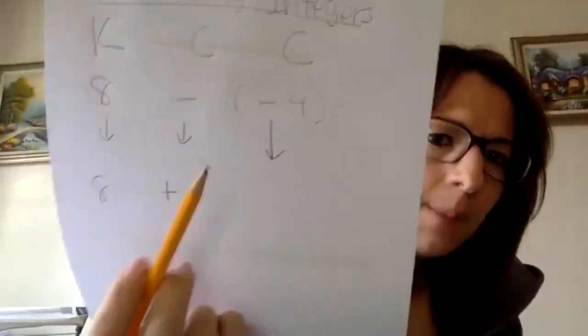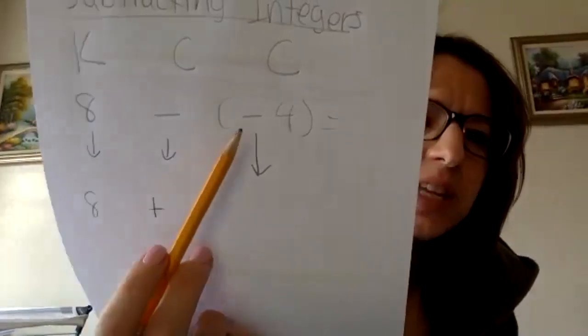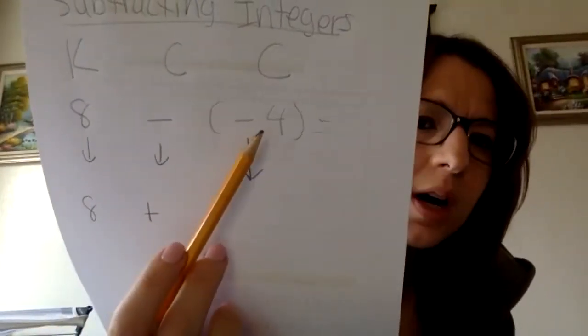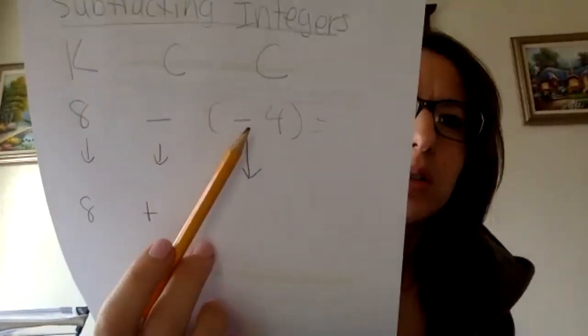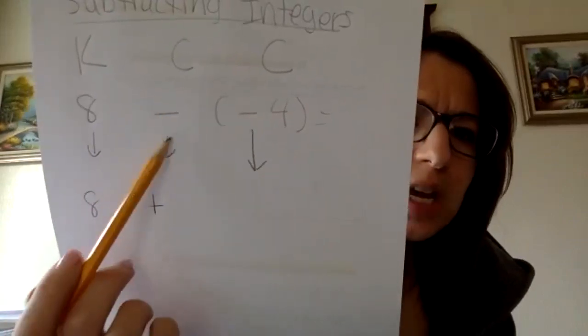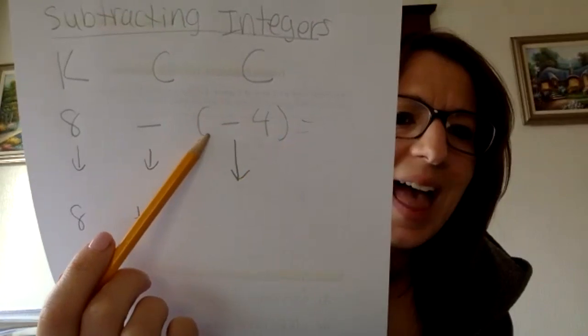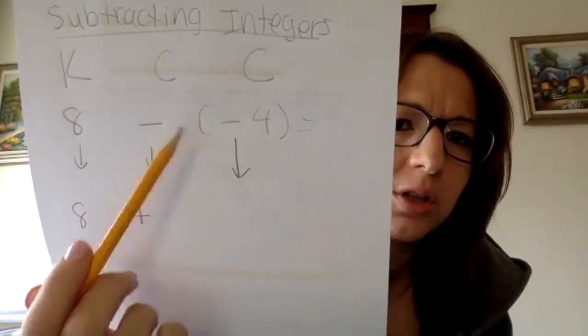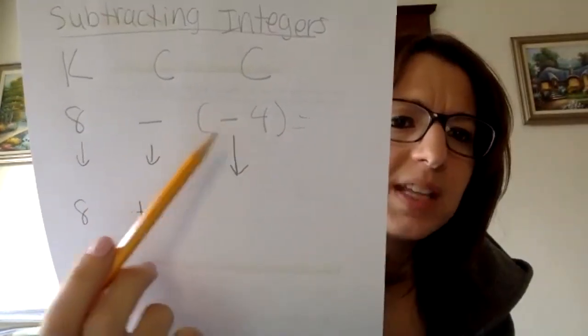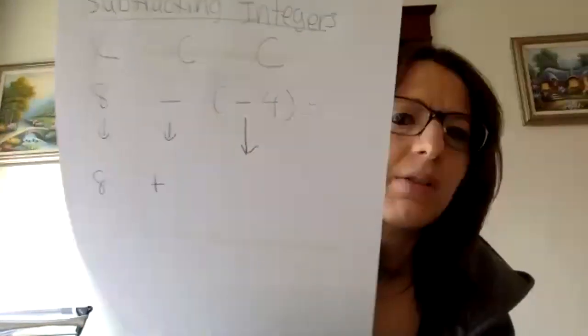Now I'm doing the additive inverse. So the opposite of negative 4 is positive 4. So you're going to keep, change the subtraction to addition, and then do the opposite. The additive inverse is the new word.